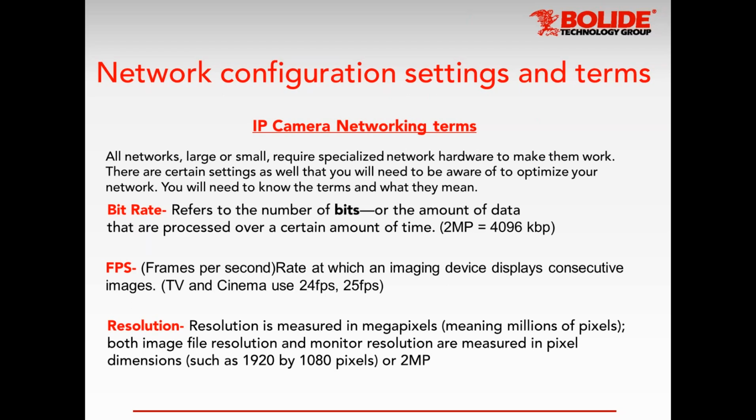Real time is 24 or 30 frames per second. But if you lower it to 15 frames per second, maybe sometimes even lower, you might not even see a difference. So you're doubling your hard drive space by decreasing the frames per second in half.